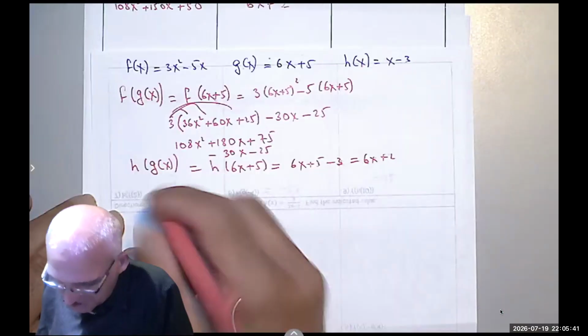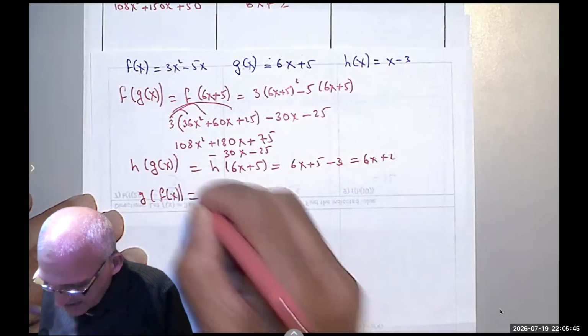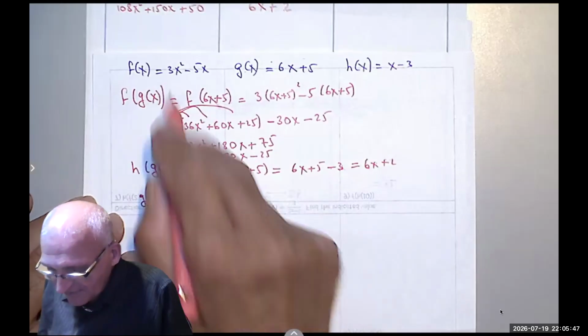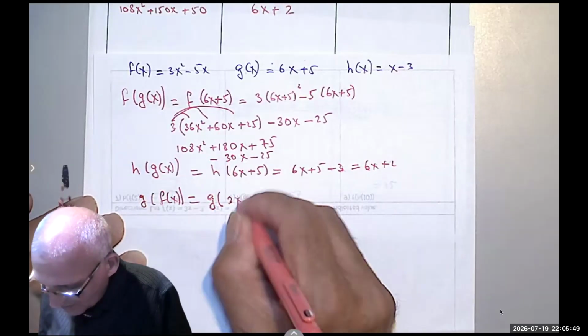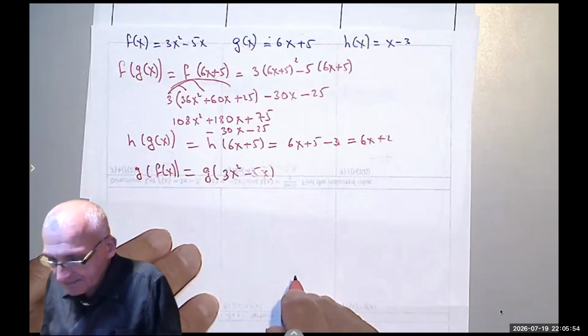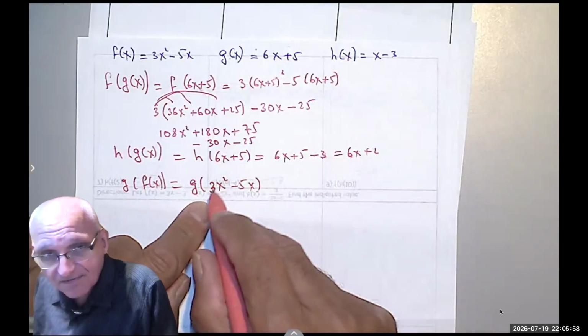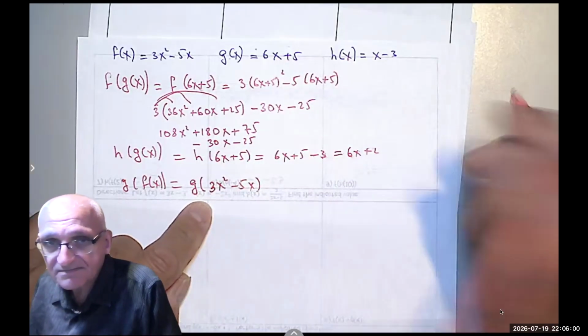Last one, g of f of x. What is f of x? F of x is 3x squared minus 5x. Here is g of x. So every time I see x, I replace it by 3x squared minus 5x.